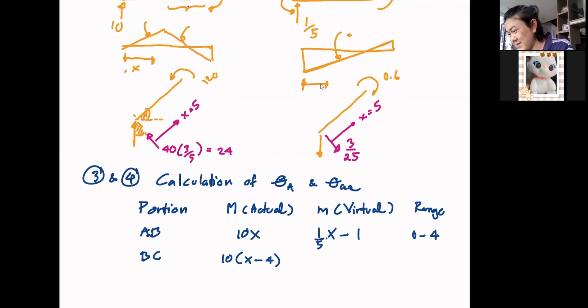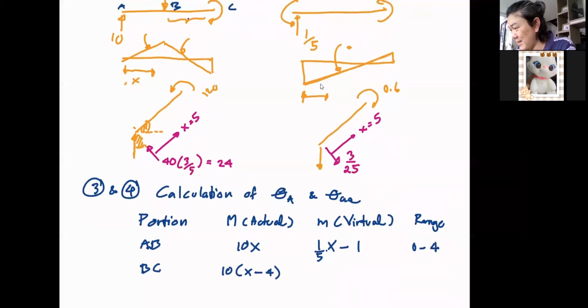Oops, that's a mess up. 10x is correct because I begin from that. But then minus 50, that is the one that has to be multiplied by x minus 4. I'm sorry. Okay, and let's move this a little bit.